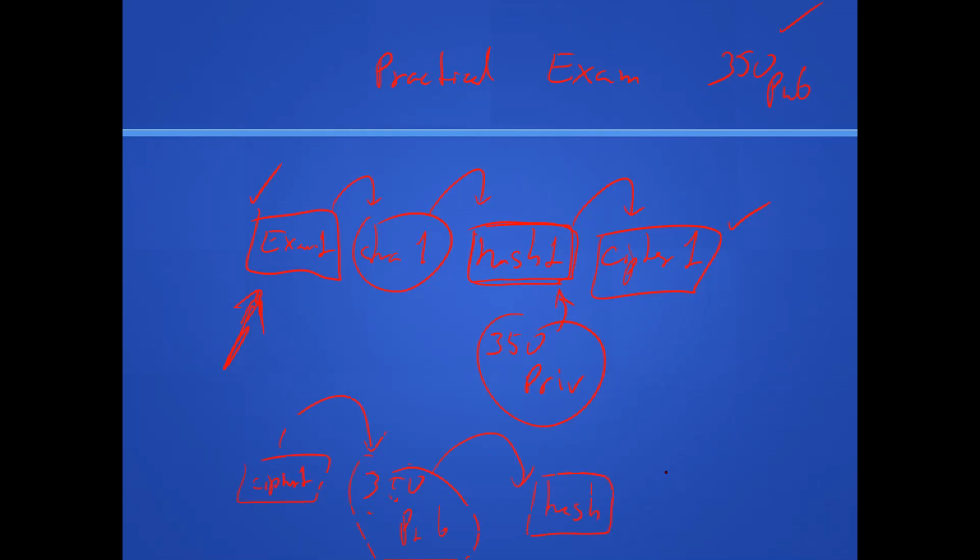And then now all you have to do is take also the exam plain text, exam 1, and apply, I'm going to tell you to use SHA-1. So you apply SHA-1. This gives you, guess what? Another hash. If these two are equal, that's the exam you should use. So you have an if statement that says, if this hash and that hash are equal, use this exam. If it's not equal, you do not use the exam. Make sense?